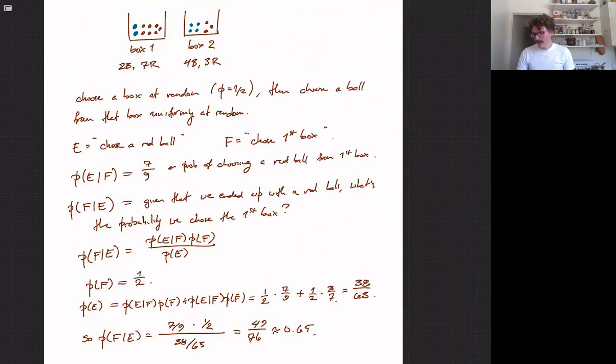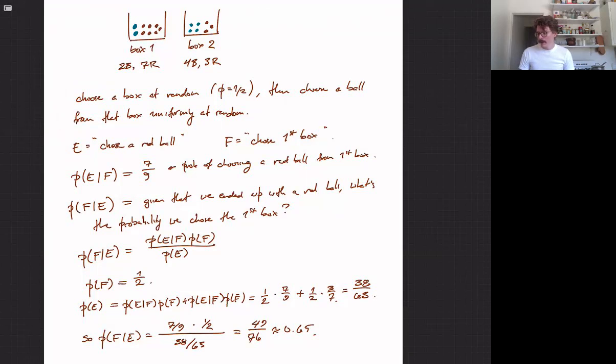And if we look at our original picture, let's think about what this is telling us. If we think about this intuitively, it turns out that it should match our intuition. Because if we ended up with a red ball by following this process, then intuitively we should expect that it probably came from the first box, because the first box has a higher proportion of red balls.